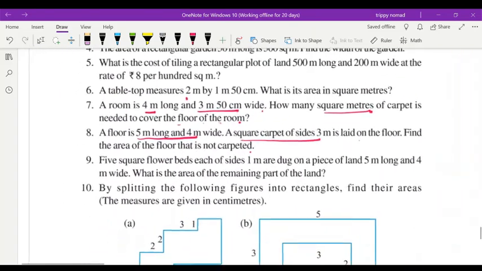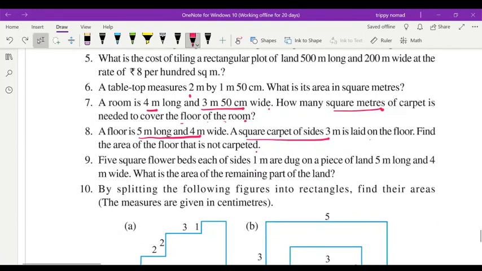First children, same way as we have done in question number 8, we will find out the area of land. Okay, this one. 5 fours are 20. Same way here, 1 meter square bed, that is area also 1 square meter, but here 5 beds are there. So area of 5 beds will be 5 into 1 square meter, that will be 5 square meter.